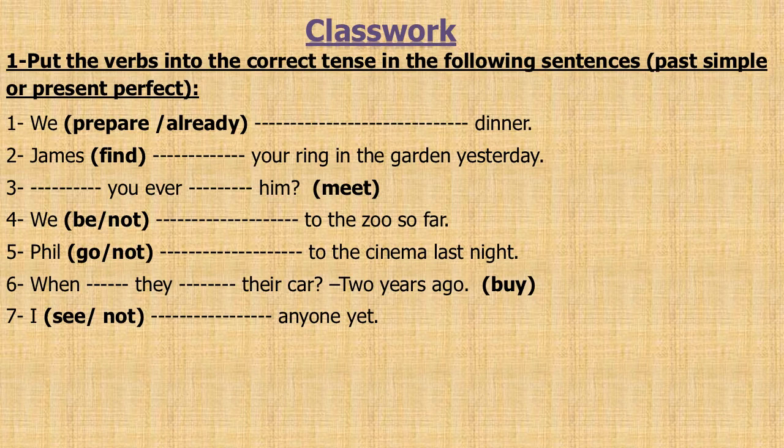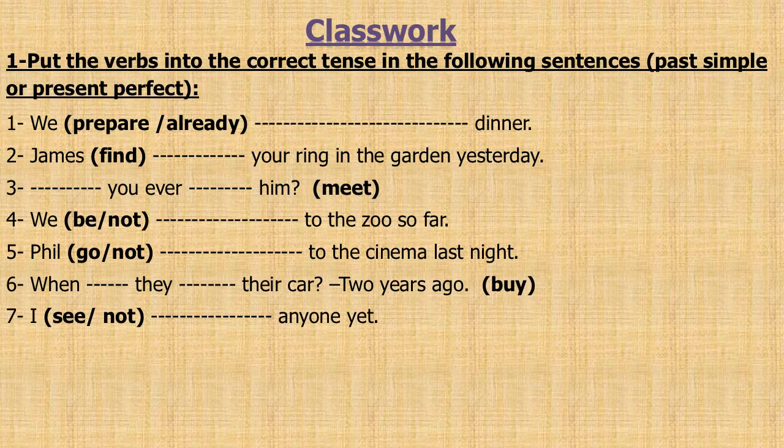You, ever, him. Here the word ever is a key word for the present perfect, so I have to use have or has to form the yes, no question. The answer will be have you ever met him.